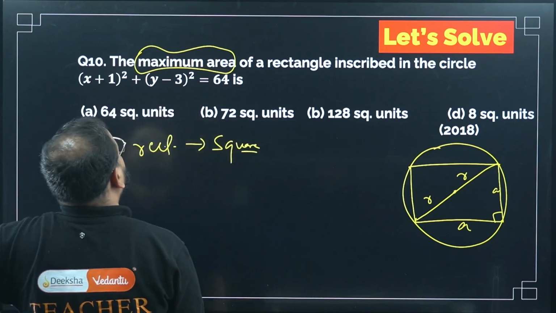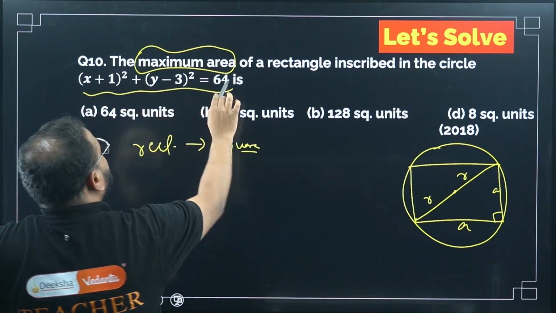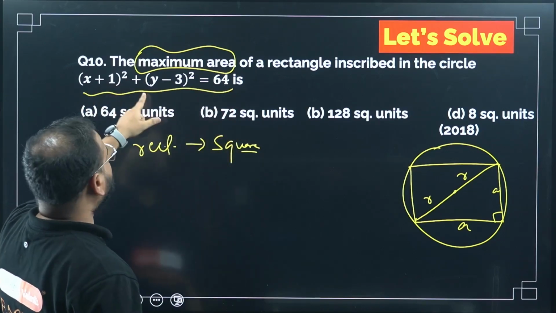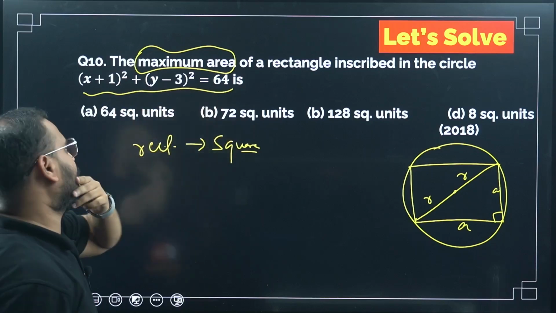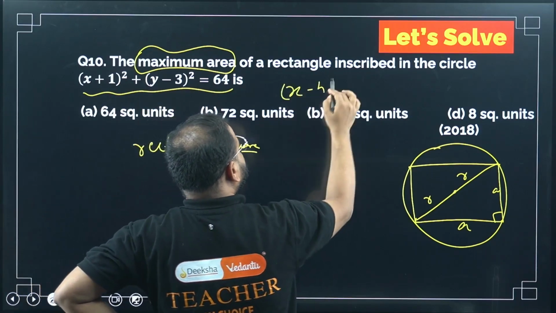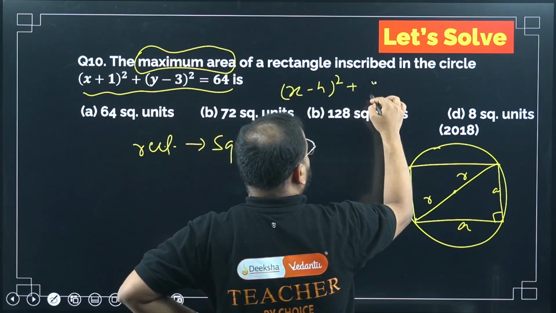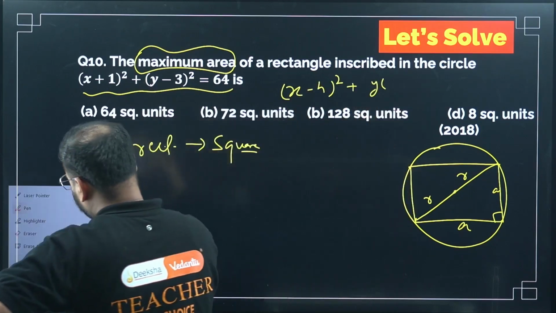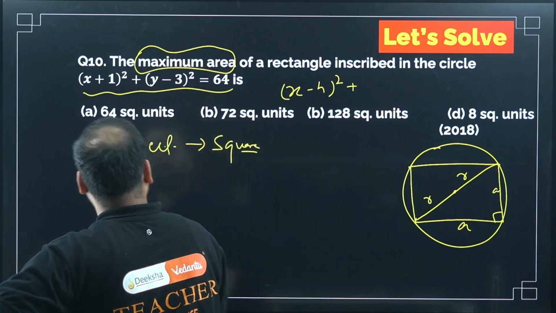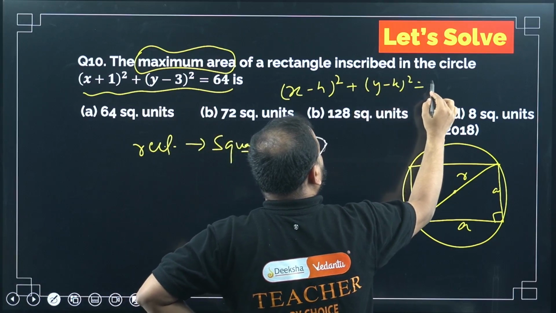So first of all, let's find the value which is given from here. In PU1 we have learned coordinate geometry. Please check: x plus 1 the whole square, y minus 3 the whole square plus 60 equals 64. What is the equation of a circle? x minus h the whole square plus y minus k the whole square equals r square.